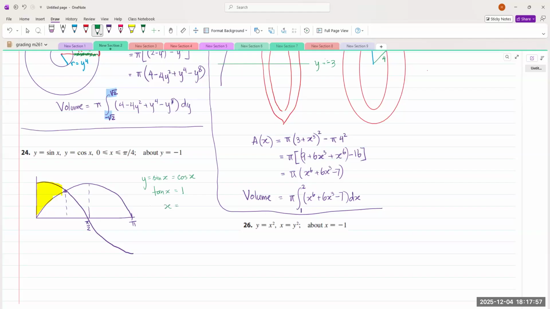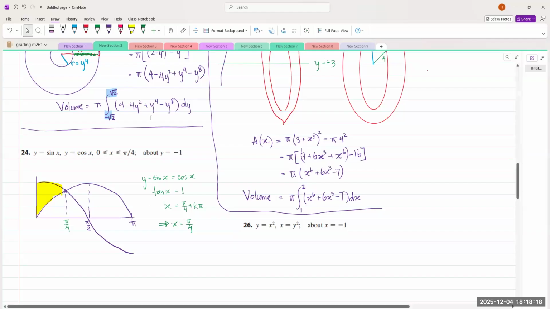So x is pi over 4 plus a constant multiple of pi. But since we know it is in the first quadrant, we just use the angle in the first quadrant. So this is pi over 4 here.